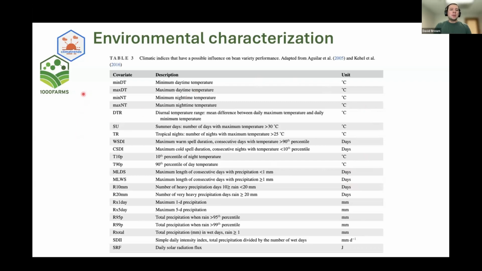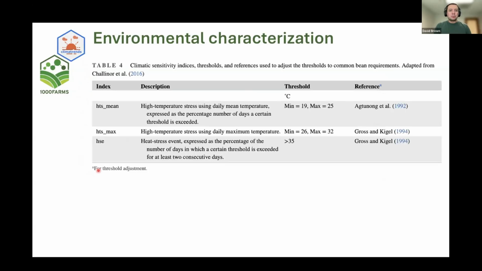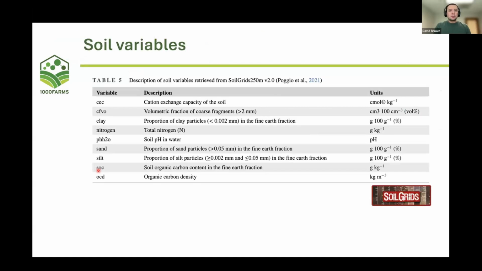And we computed these using another R package developed by people from the 1000 Farms project, Kauê and Jacob, who developed the climatrends package. So it's possible to compute all those indices using that package. And these climate sensitivity indices as well are coming from literature. We adjusted the thresholds using the common bean requirements, and we computed those indices as well using the climatrends package.